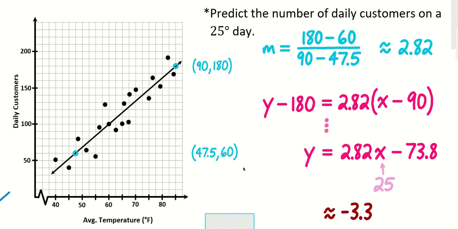So this line of best fit kind of stops making sense at some point as it heads to the left. Because it doesn't make any sense. Like, when it's 25 degrees outside, you have negative 3.3 customers.